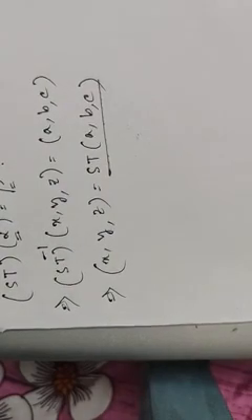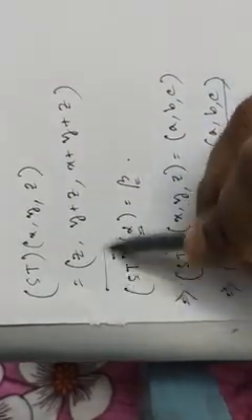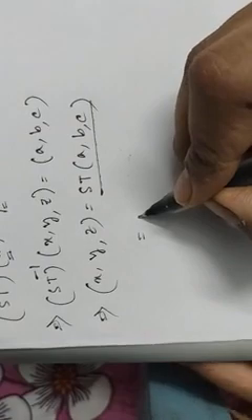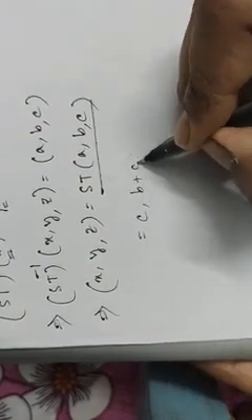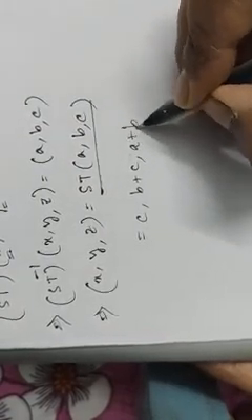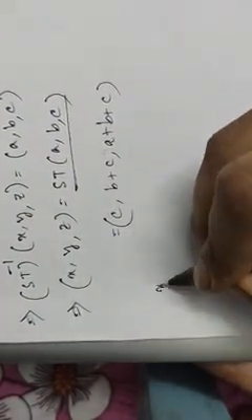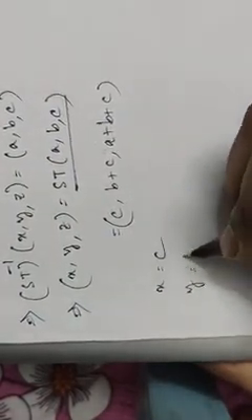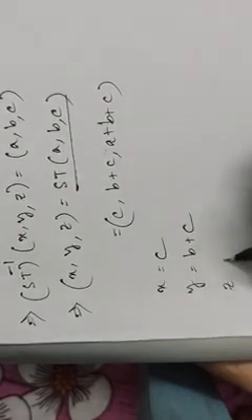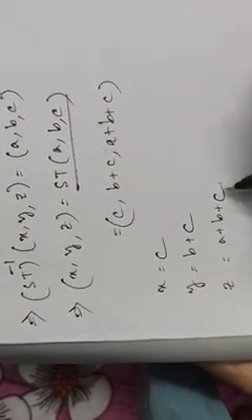Now we know the rule for ST, so we can find the image of (a, b, c) under the mapping ST. By applying this rule, the image of (a, b, c) will be (c, b plus c, a plus b plus c). So by equating, what will you get? x equals c, y equals b plus c, and z equals a plus b plus c.